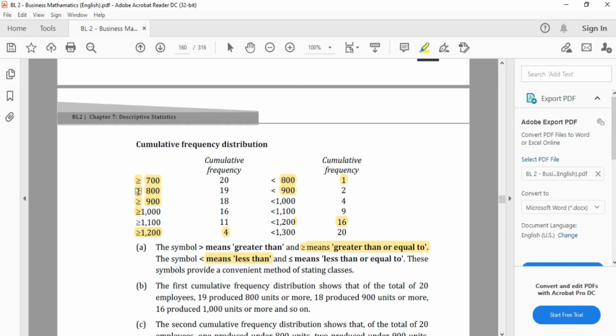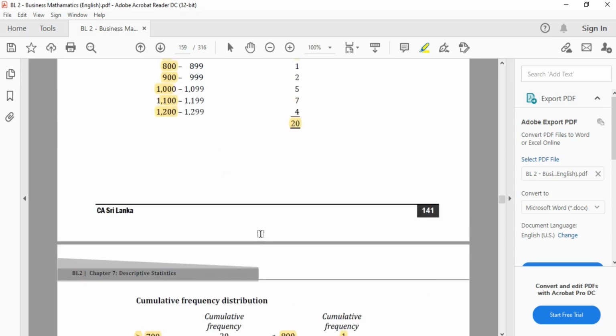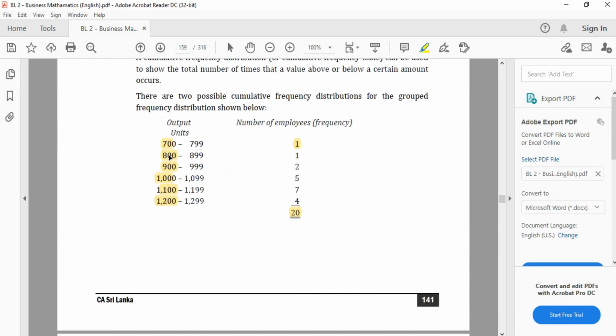Next, greater than or equal to 800 units. How many employees? It's starting from this category. 1 plus 2, 3, 3 plus 5, 8, 8 plus 7, 15, 15 plus 4, 19. Or basically you could say 20 minus 1, because 1 is below 800 units.